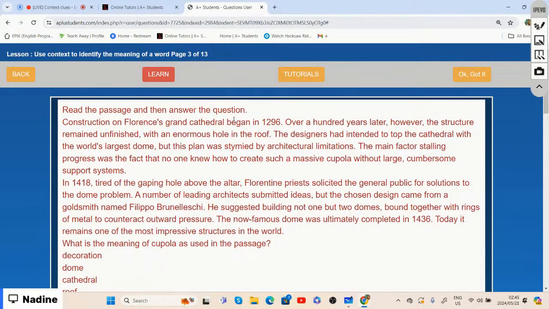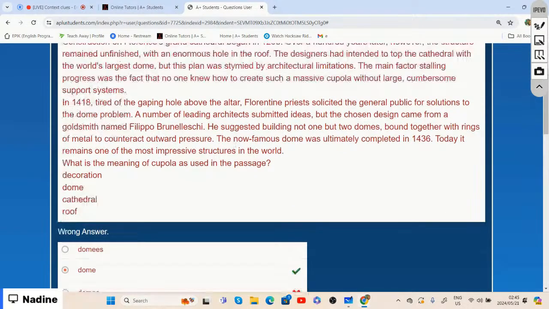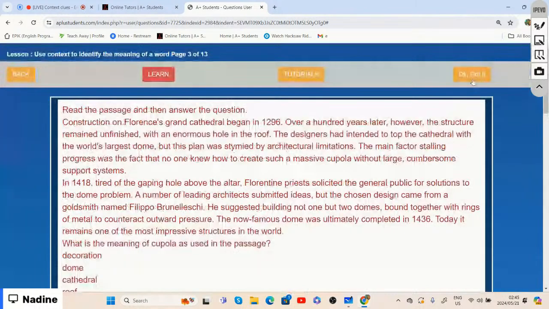So our correct answer is just dome, not domes.